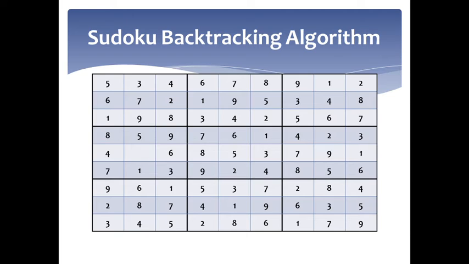What we do now is we are going to free that cell back to an empty cell and rewind the Sudoku board back to its previous state. Now, we are back to a Sudoku board, which is a candidate to the solutions, with one empty cell.